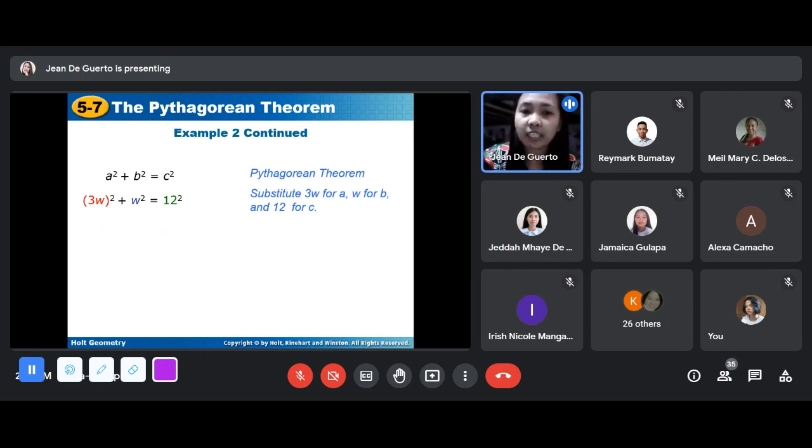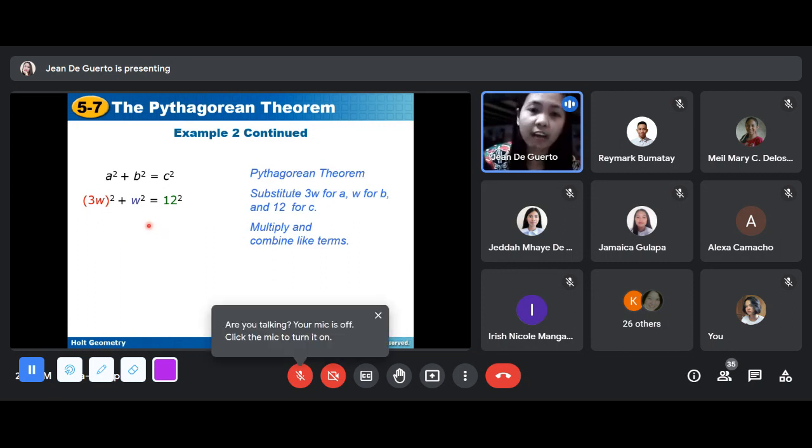So, simplify natin yan. We multiply and combine similar terms. So 3W square, this should be 9W square. Tama? Square of 3W, so magiging 9W square na to. Plus W square, we have 10W square.